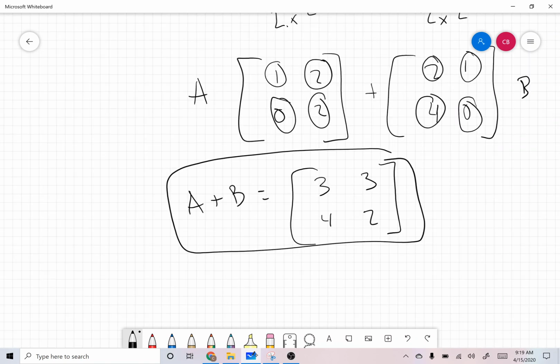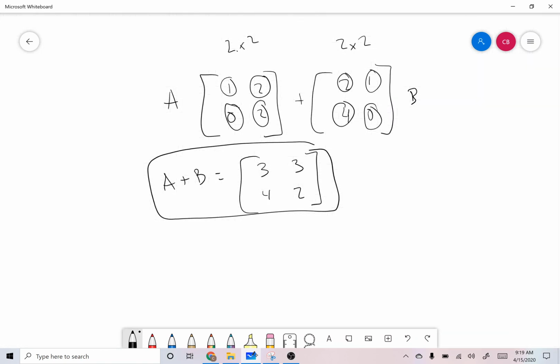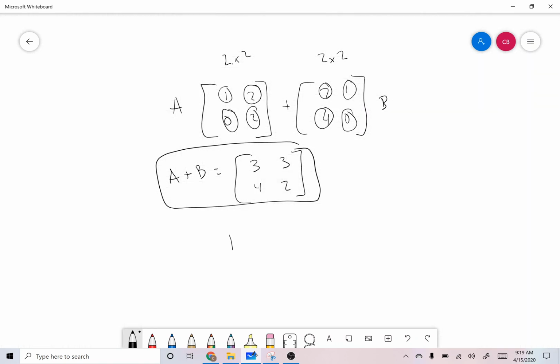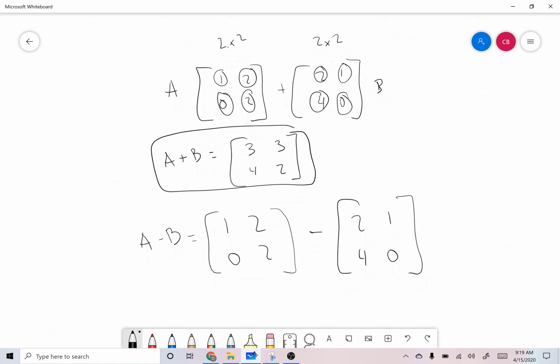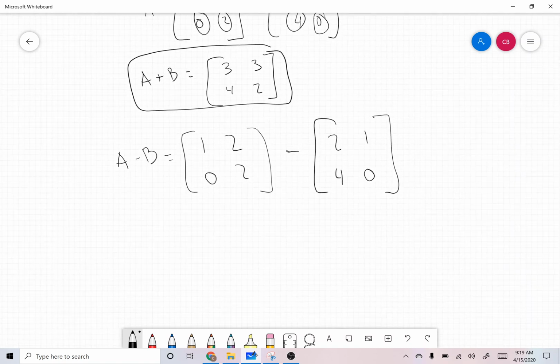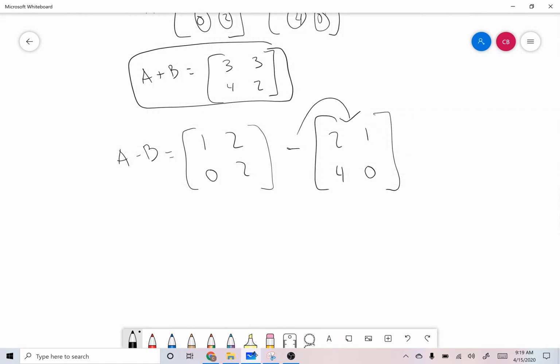Okay, so far so good. Let's do the same matrices, but we'll do subtraction this time. So we have 1, 2, 0, 2, and we're doing A minus B, where B is 2, 1, 4, 0. My suggestion, though you don't have to use it, is to distribute the negative to everything in here.